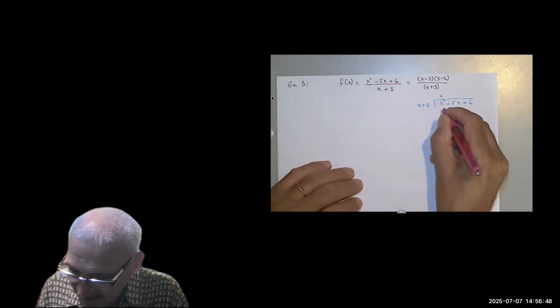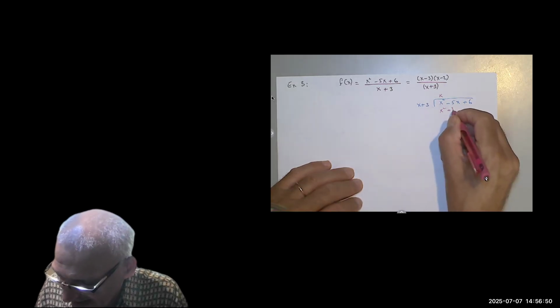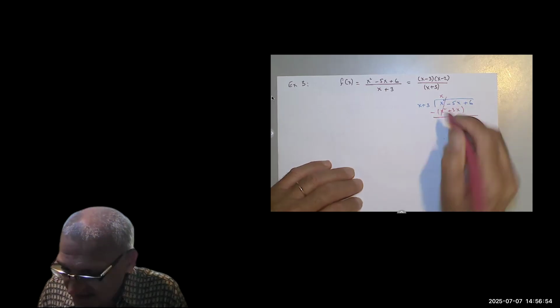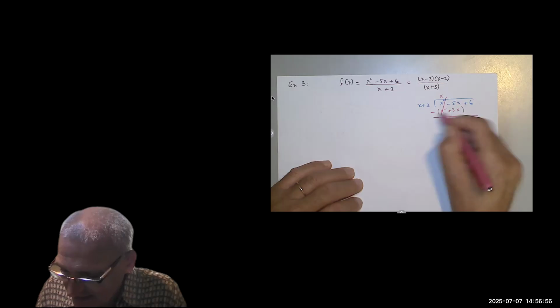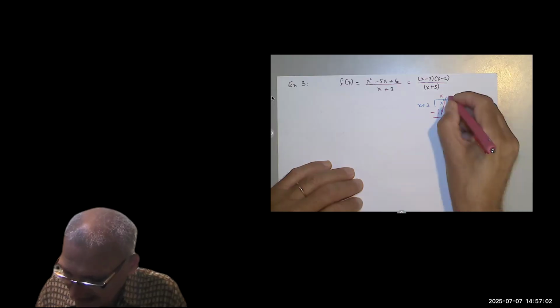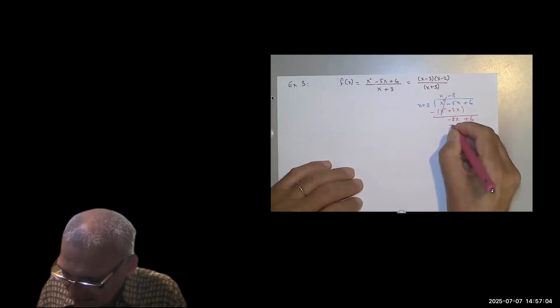So I divide x squared by x, I get x. So x times x is x squared, x times 3 is plus 3x. I'm going to subtract this. So these cancel. I get negative 5 minus 3, which is negative 8x plus 6. And then I divide negative 8x by x. I get negative 8, which gives me negative 8x minus 24.